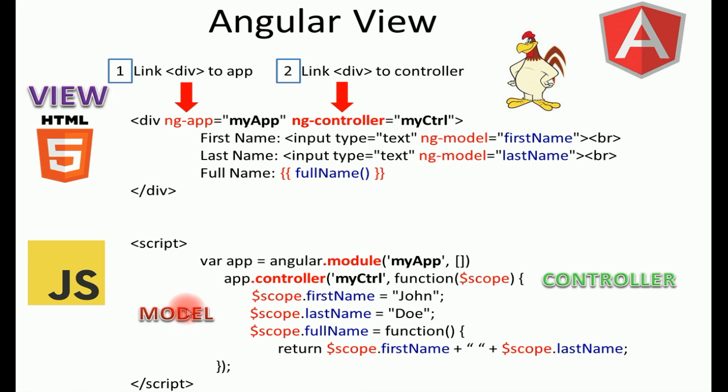Remember that firstName is a property of the scope object. In the second input element, ng-model is binding the input element value with the lastName property. And remember that lastName is also a property of the scope object. And finally, the fullName method is called as an expression in this interpolation statement.